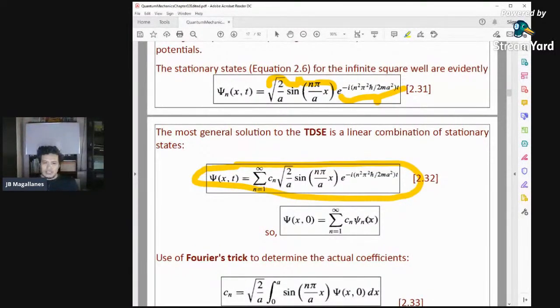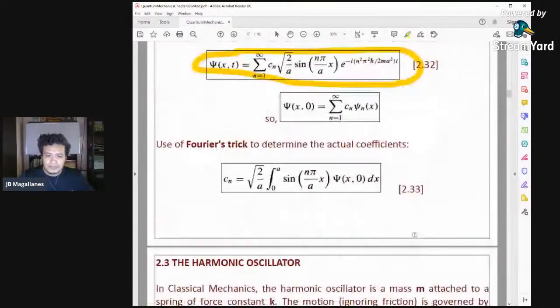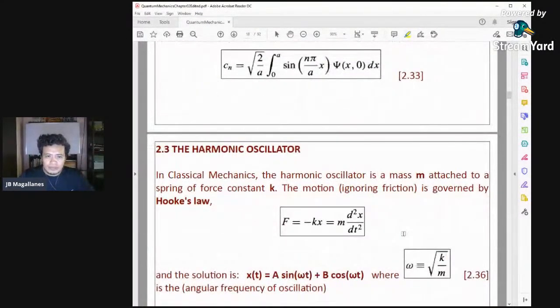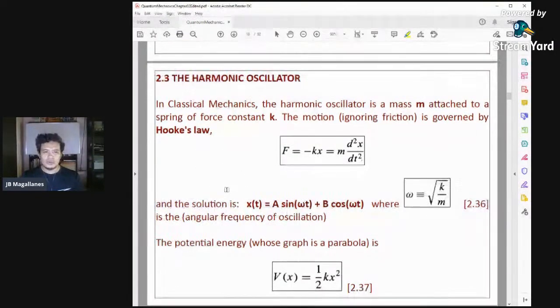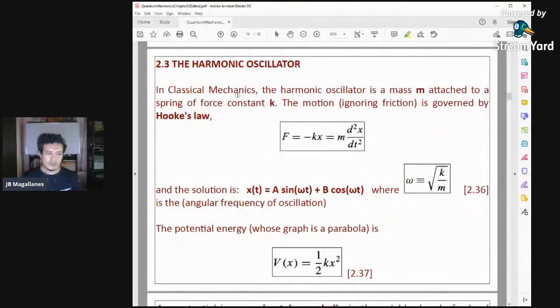Each has an energy level: 1, 2, 3, and so on. It starts with 1 because n equal to 0 would just give you a trivial solution, which would be representing a non-normalizable solution, so it's not included. So we'll take a breather for 1 minute, and then we'll start with the harmonic oscillator. After the harmonic oscillator, that would be the end of the session, and then we will continue in the next meeting.